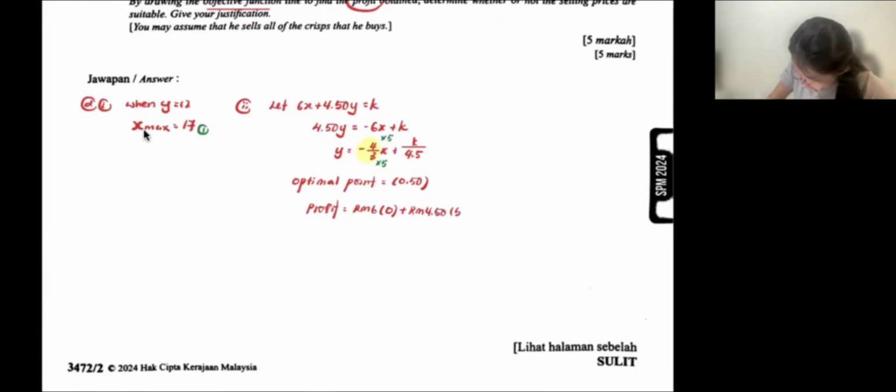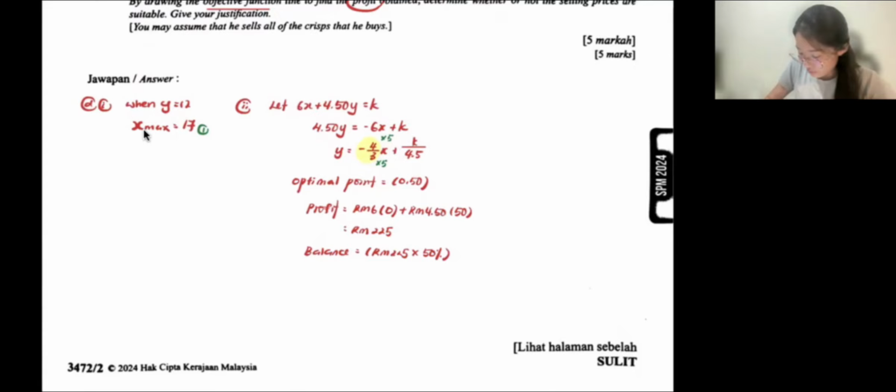So let us write this here, 0, 50. Then find profit. Profit is 6 ringgit and 450 times 50. So you're getting 225 ringgit here for profit. Then don't forget, he is taking 50% for savings. So 225 times 50% for saving.